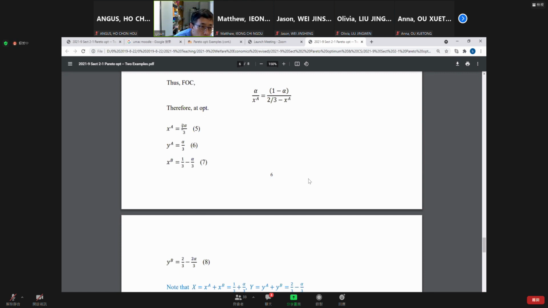This is Y, how much of good Y we should produce. This number plus this number. Okay. And now, if you consider carefully, you may find this number plus this number equals 1, of course, because that's our PPF, our production possibility frontier.